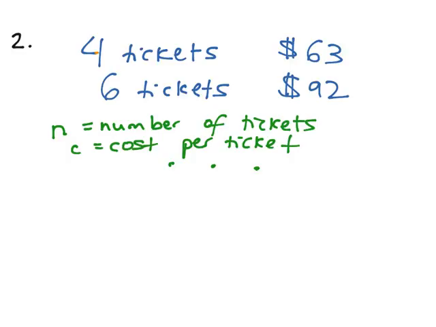If we think of this number as the fourth term in our sequence, that is, if our sequence is the cost of consecutive numbers of tickets, 1 ticket, 2 tickets, 3 tickets, 4 tickets, 5 tickets, 6 tickets, the cost for 4 tickets would be $63, and 6 tickets is $92.